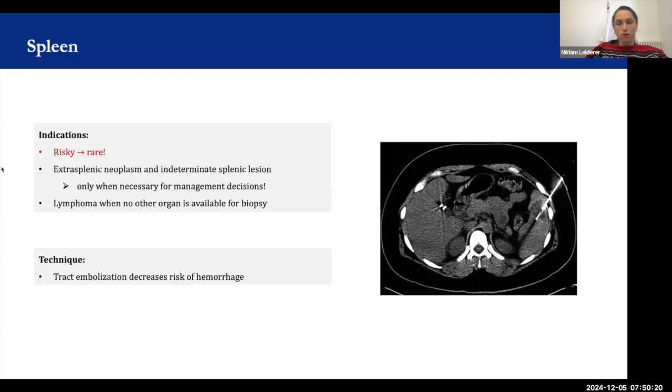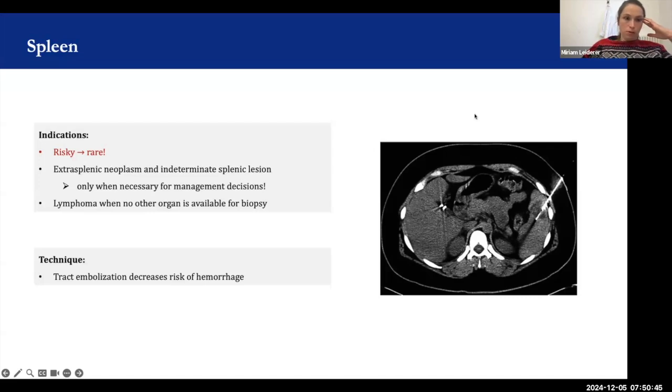But also try and figure out if you have other ways to find out what it might be. For example, if you have PET-CT available, that could be an option. Or another imaging modality, if you can do an MRI, maybe you're going to have more information.